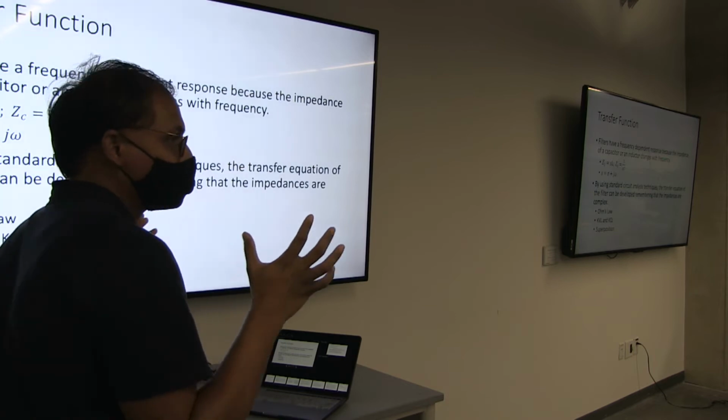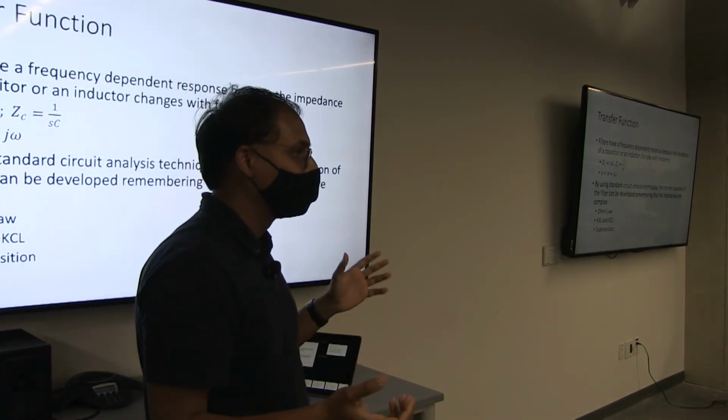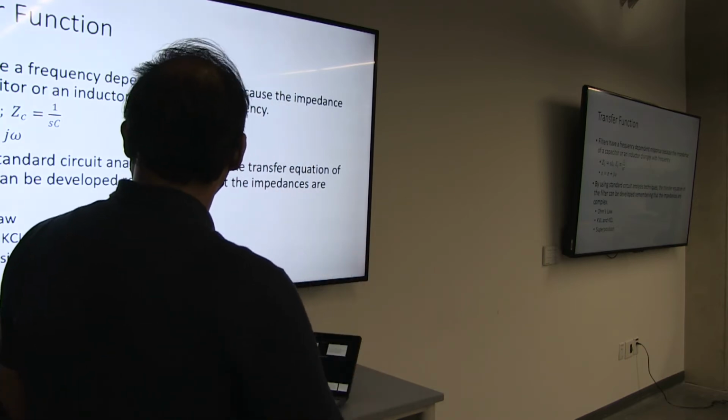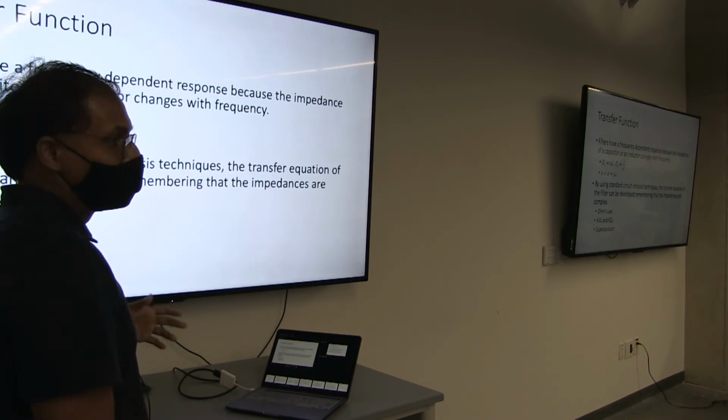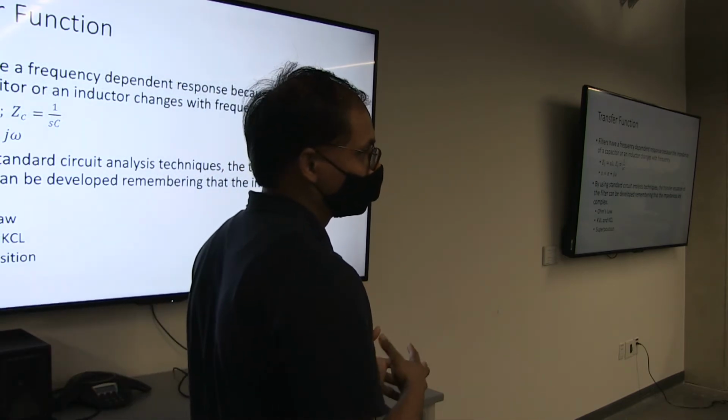A transfer function is basically, given a circuit, using Ohm's law, KVL, KCL, finding the output by input in the Laplace domain, and that is what will give us the filter transfer function.